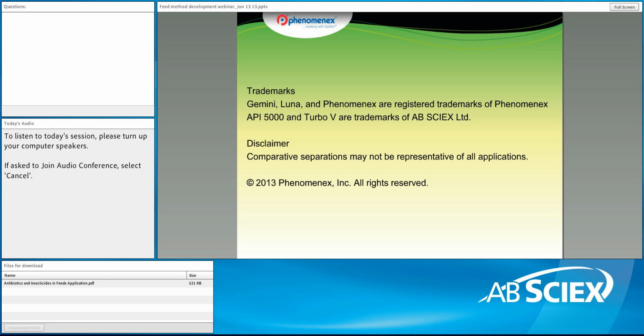The optimal flow rate for that particular ID column is 0.4 to 0.5 mL per minute. We ran the mobile phase at 0.7 mL per minute. So it was probably more of a choice on our part to be cautious than it was required. But yes, probably 10 minutes would be adequate for this.